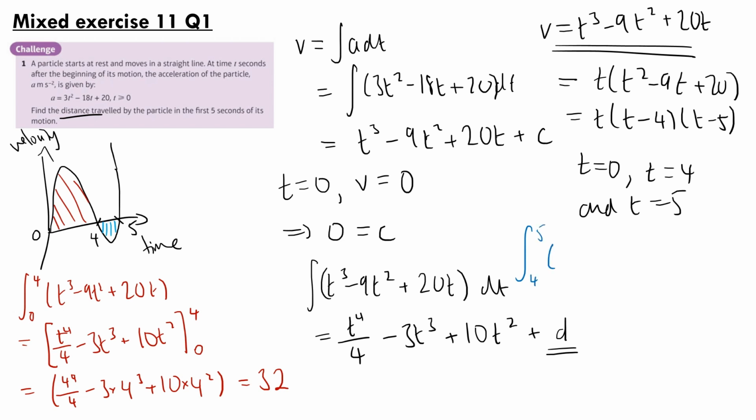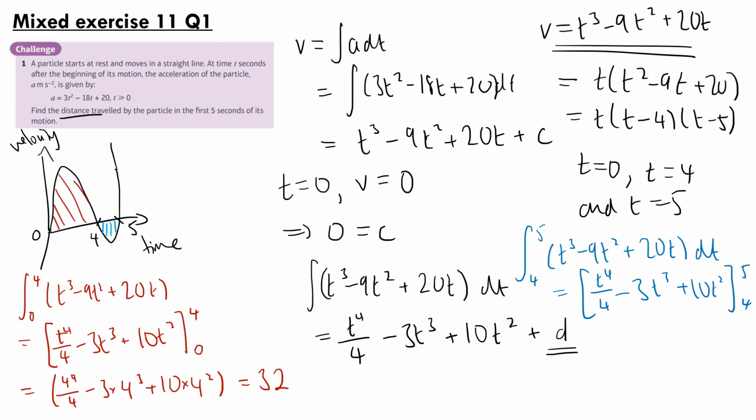And doing the same for the blue integral, we have the integral from 4 to 5 of the same function, the velocity t cubed minus 9t squared plus 20t dt. That equals t to the power 4 over 4 minus 3t cubed plus 10t squared, evaluated from 4 to 5. And that equals 5 to the power 4 over 4 minus 3 times 5 cubed plus 10 times 5 squared, minus 4 to the power 4 over 4 minus 3 times 4 cubed plus 10 times 4 squared.